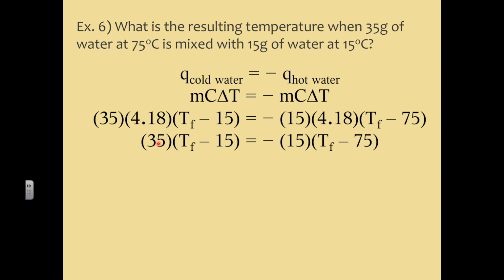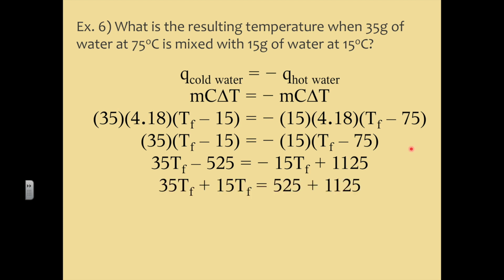And we're going to distribute both sides now, and we're going to get 35. We're going to distribute this. We're going to distribute this. And then we're going to isolate TF, and we're going to get that over on the left side. We're going to get all of our constants over on the right side. And then we are going to shrink it down and then solve for TF.